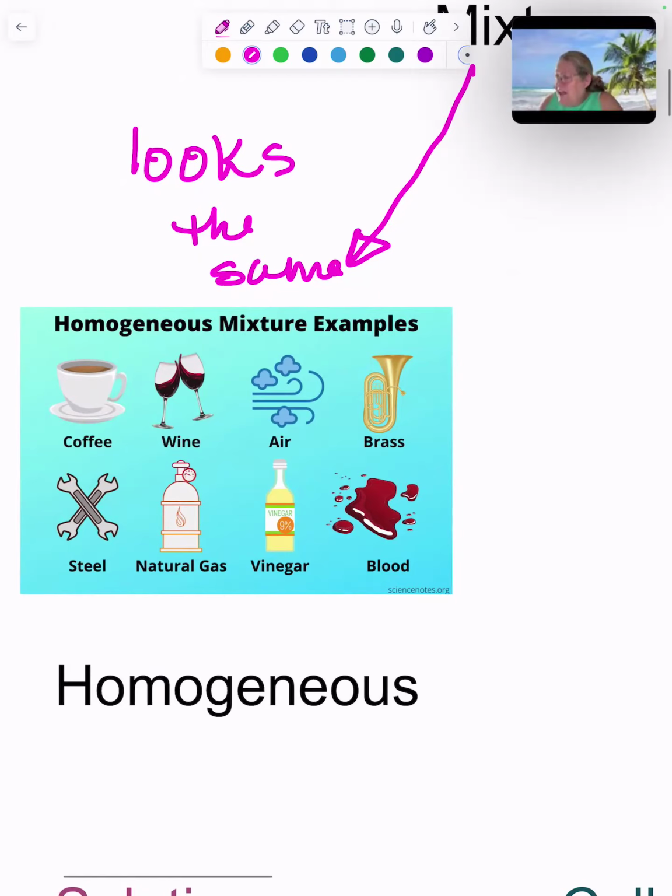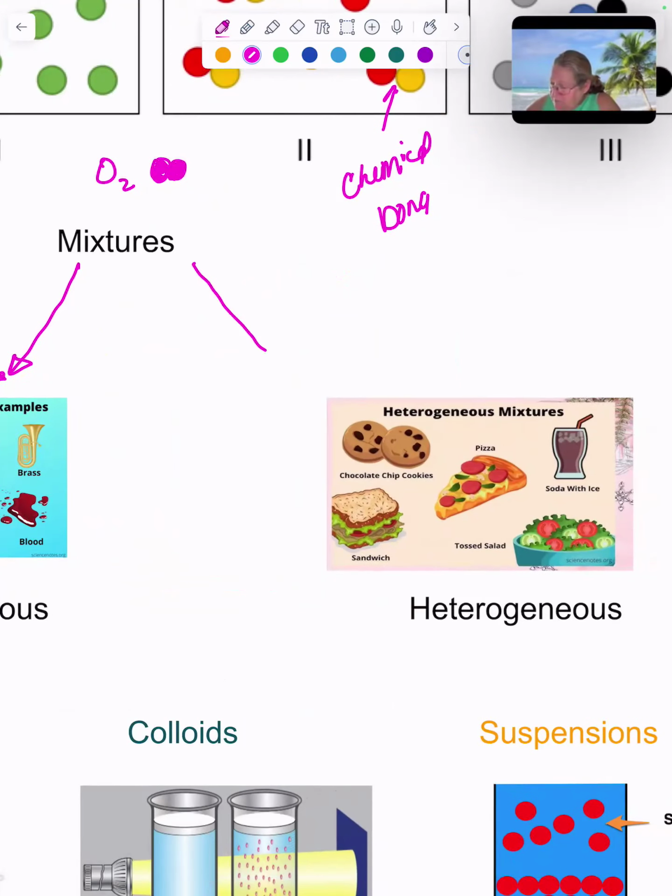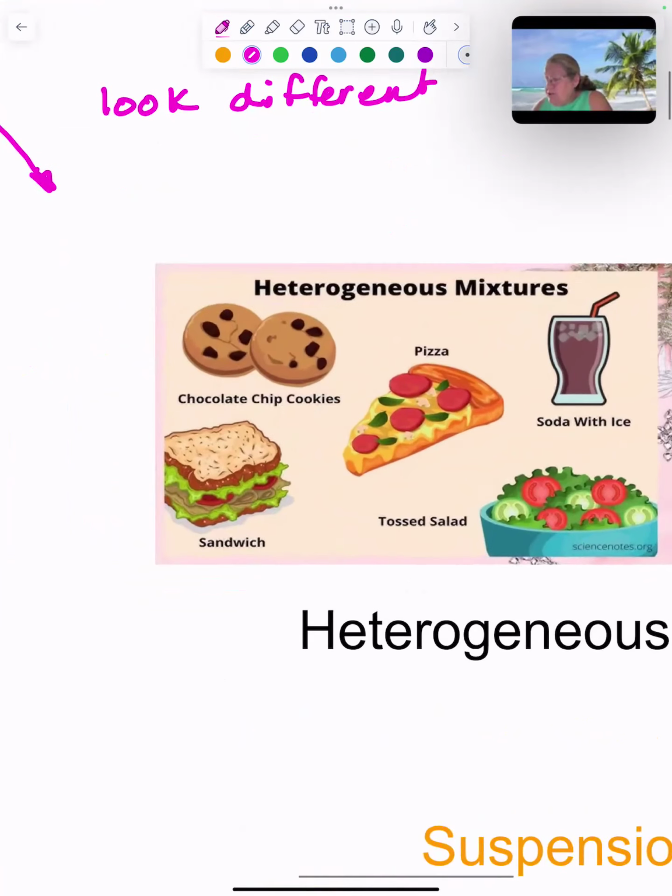Whereas in a heterogeneous mixture, if they look different, we call them heterogeneous. A sandwich, chocolate chip cookies, you can actually see the chocolate. Pizza, you can see the different ingredients. If you don't like mushrooms, you can pick it off.